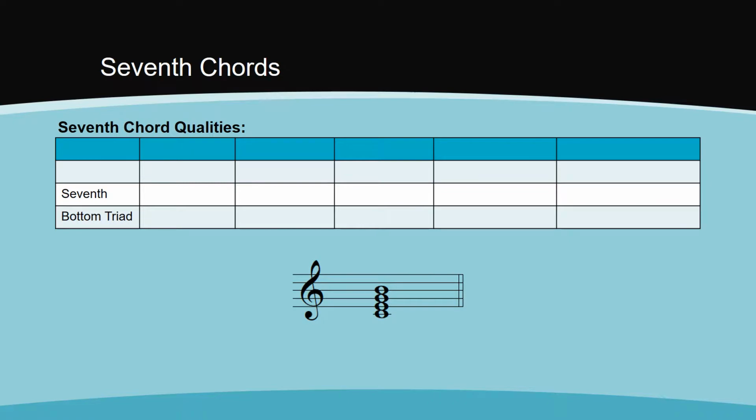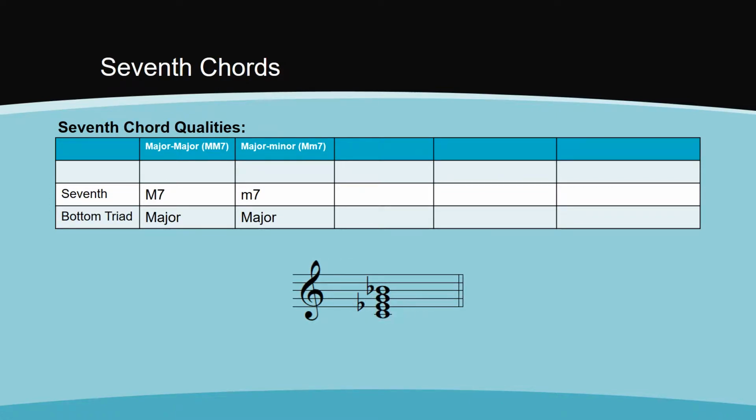A seventh chord that consists of a major triad with a major seventh between the root and the seventh is a major seventh chord. A seventh chord that is made up of a major triad and a minor seventh is a major-minor seventh chord.